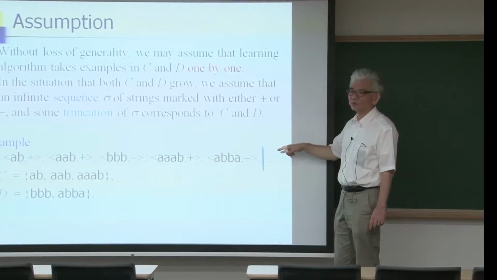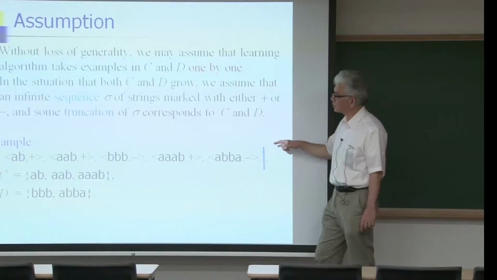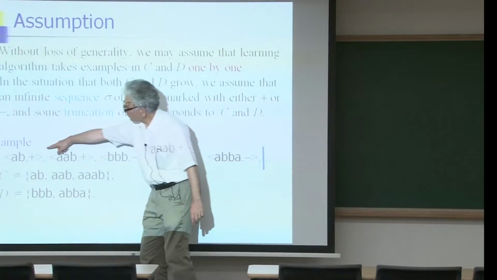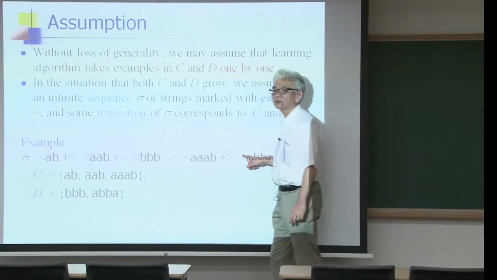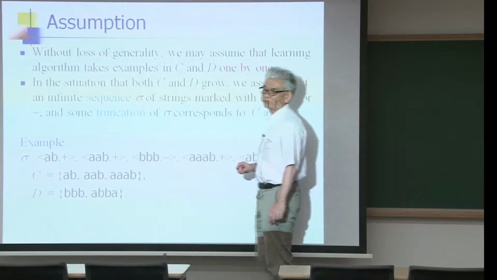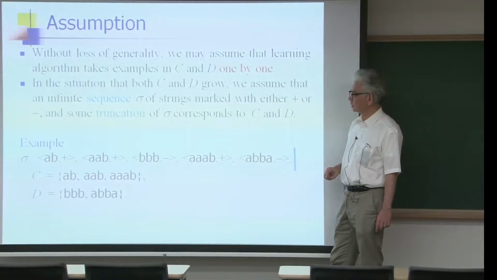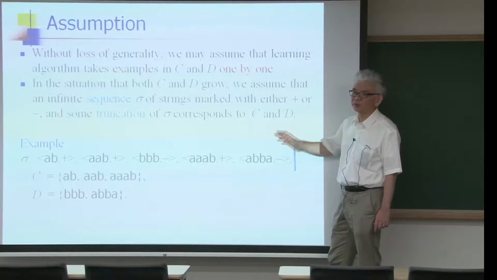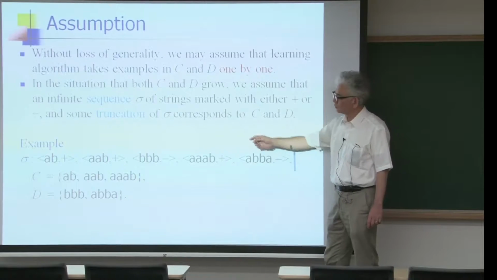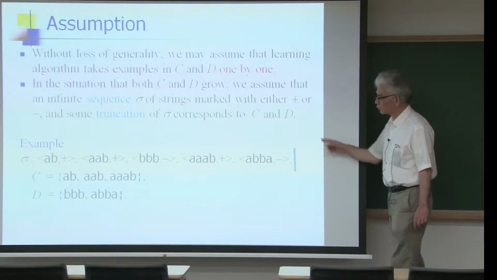Each of the examples is provided with some polarity, plus or minus. Minus means this is a negative example, and plus means a positive example. And instead of considering the pair of C and D, we consider the infinite sequence sigma and some truncation.